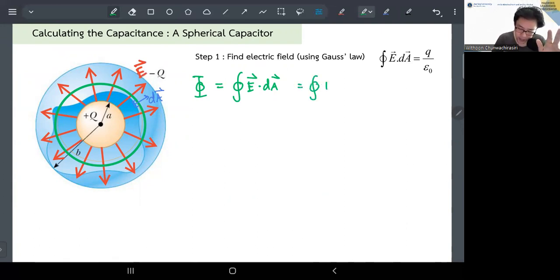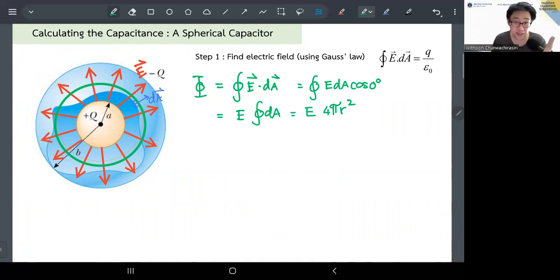So E and dA are followed by cosine 0, parallel to each other. Due to the spherical symmetry, the electric field strength has the same value in all directions, so I can pull E out of the integral. You are left with just the integral of dA, and the sum of those dA across the sphere gives the surface of a sphere, 4 pi r squared. This is going to be the sixth time seeing this, right?